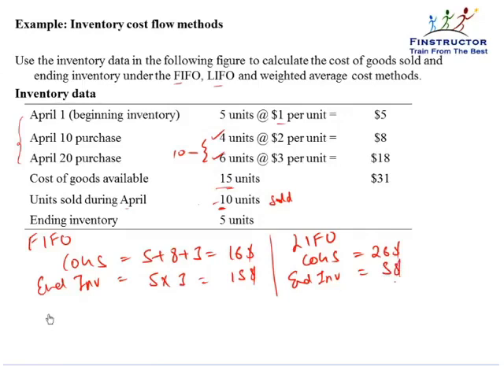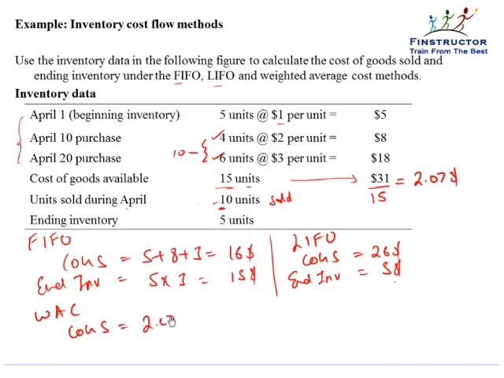In the weighted average cost method, we will first compute the weighted average cost of inventory. So we have 15 units bought at a total price of $31, implying a weighted average price for each unit of $2.07. So the 10 units sold would be assumed to be at this weighted average cost.